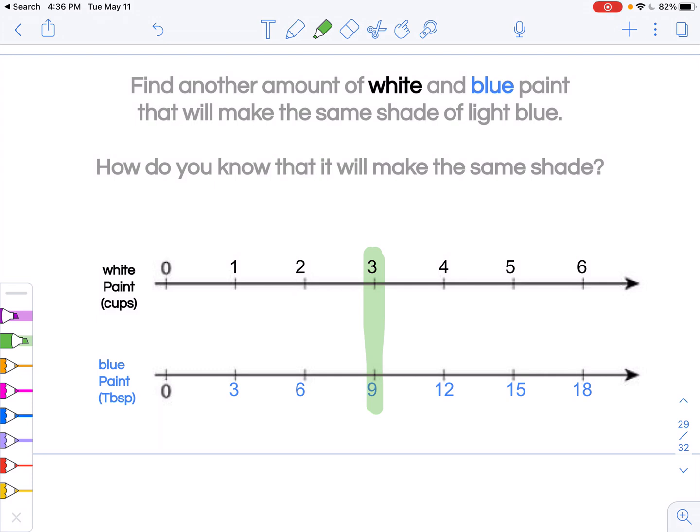They are right on top of each other. Here's another option, 4 cups of white and 12 cups of blue. Here's another one, 5 cups of white, 15 tablespoons of blue. Right? 0, 0 doesn't work because if you don't have any white paint and you don't have any blue paint, you don't have any paint at all. Right? But every other place where the numbers are stacked is an option for what will make the same shade.